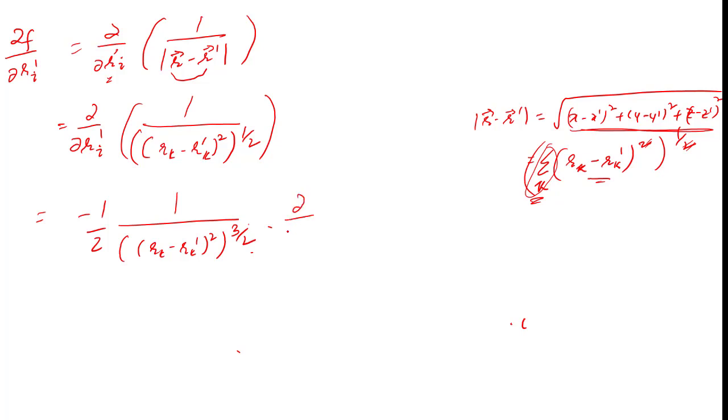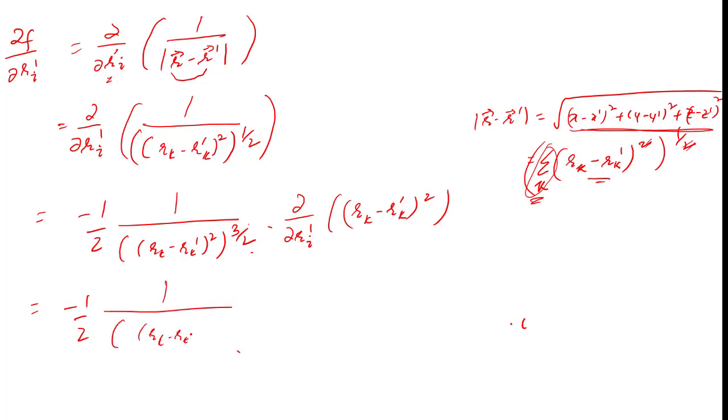But then I have to do the ∂/∂ri' of (rk − rk')². So that would give me minus 1/2, 1 over (rk − rk')² whole to the power 3/2. Here I have ri', that's what my derivative is with respect to.